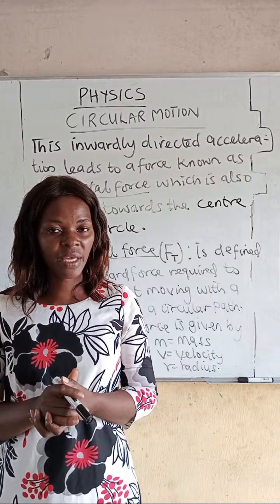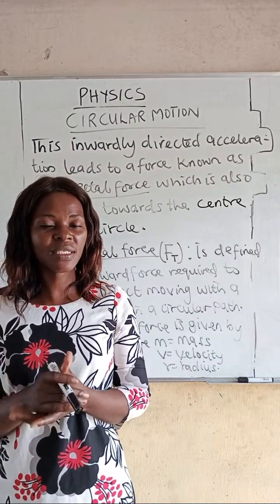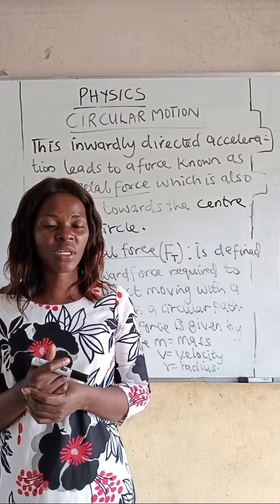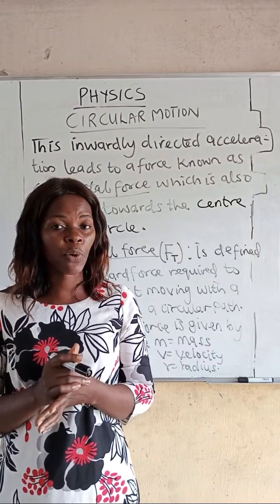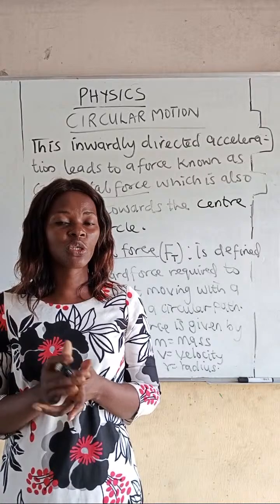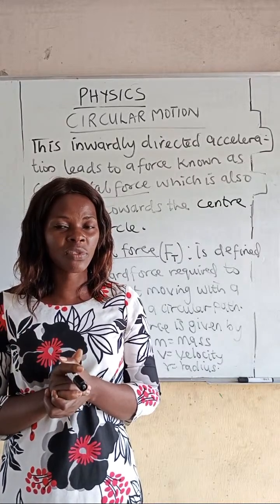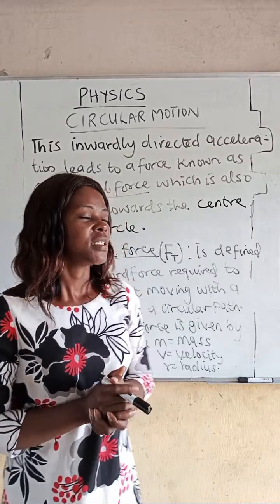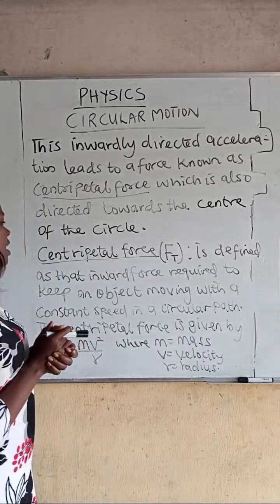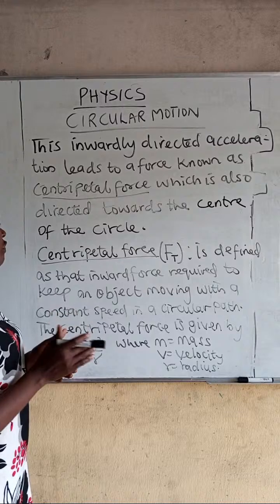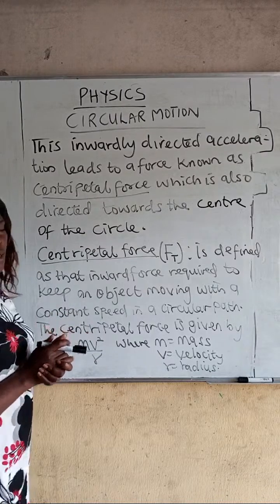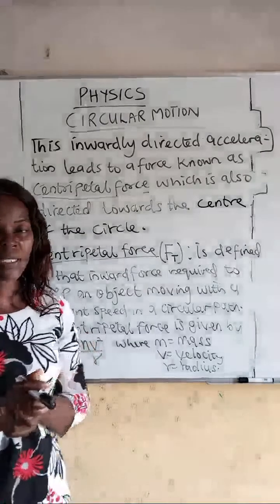This centripetal acceleration is directed toward the center of the circle, an inward acceleration. Now it constitutes a force which is called centripetal force. This centripetal force is also directed towards the center of the circle. I said that centripetal force is that inward force required to keep an object moving with a constant speed in a circular path.